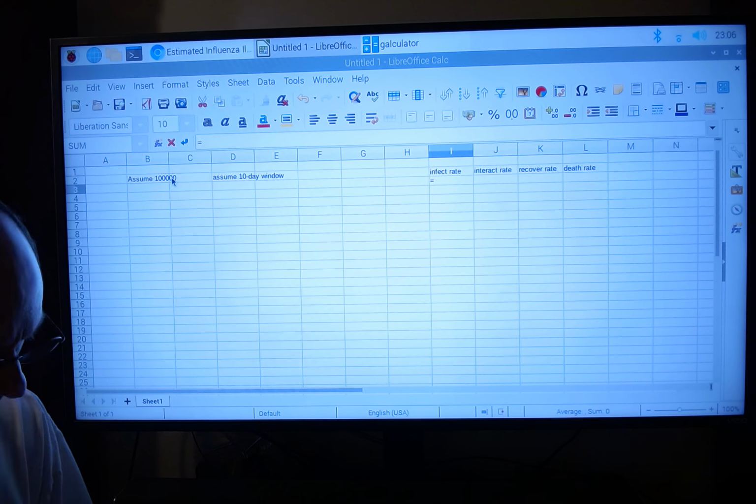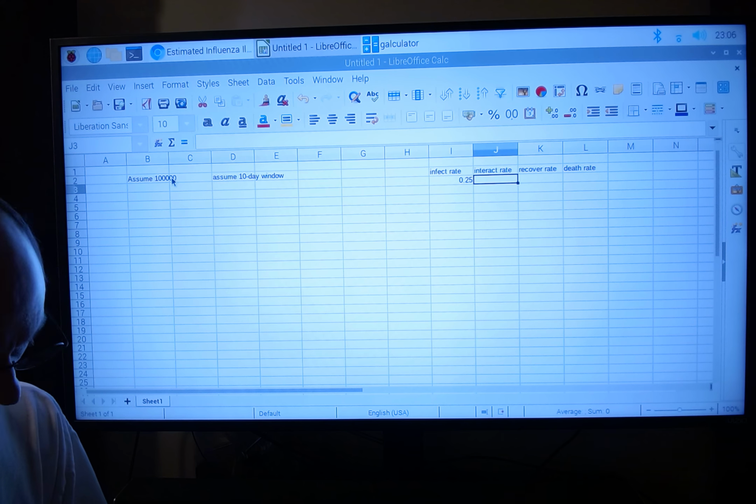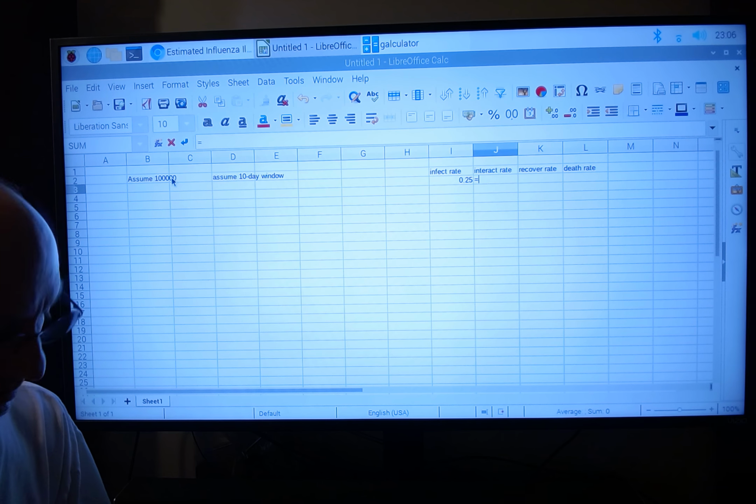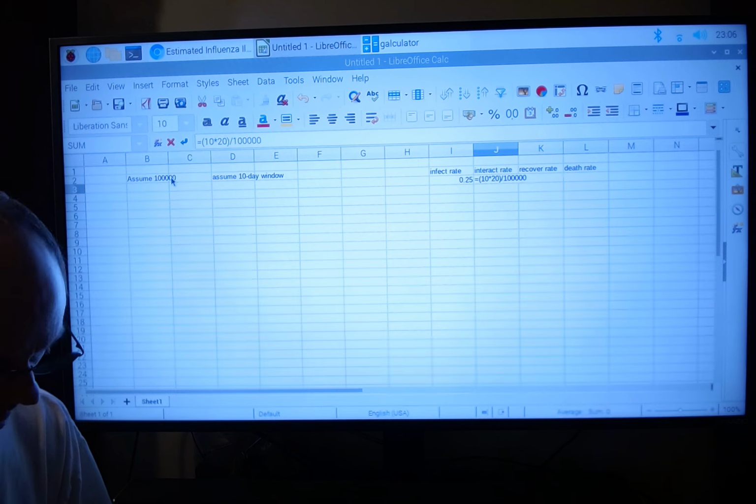So let's just use 2.5. In our interaction rate, I don't know, in 10 days, suppose I interact with 20 people, and divide that by the number of people in the cell.